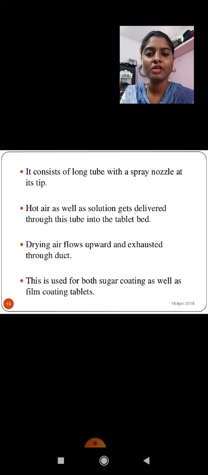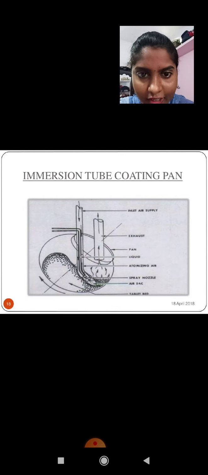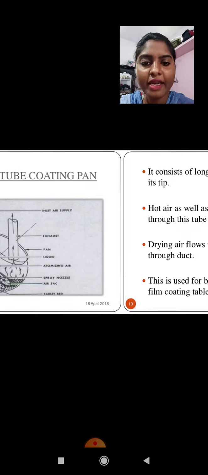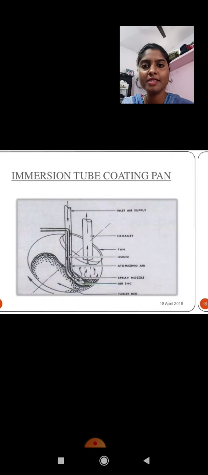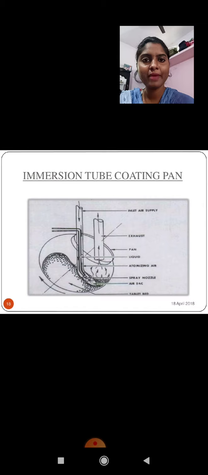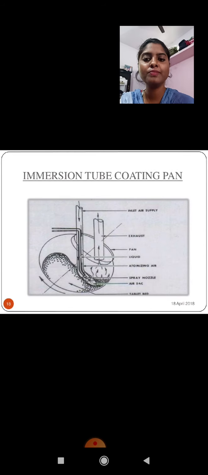The drying air flows upward and is exhausted through the duct. This immersion tube coating pan is generally used for sugar coating and also film coating. This is about the immersion tube coating system.